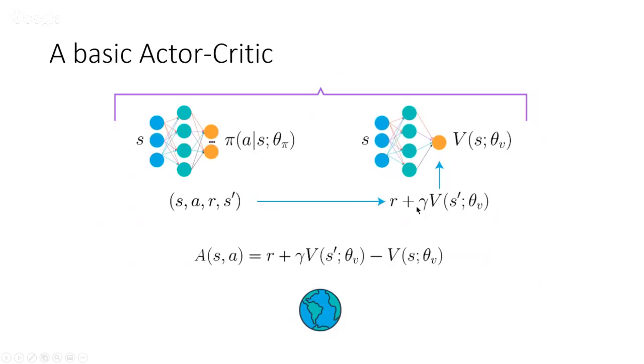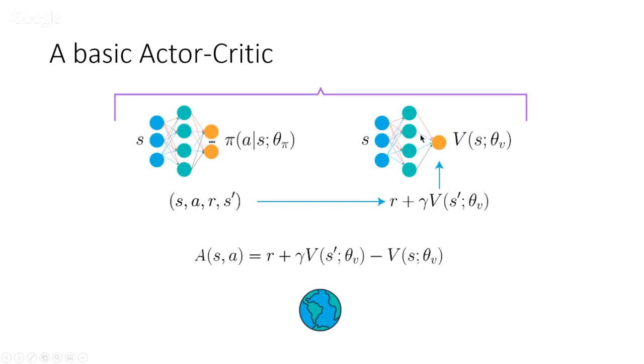So this is reward plus gamma times whatever this network gives out, the V of S prime. Then given S, we also compute our state value function, and that gives us our advantage function.